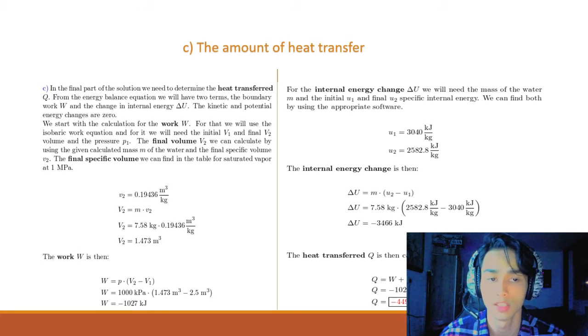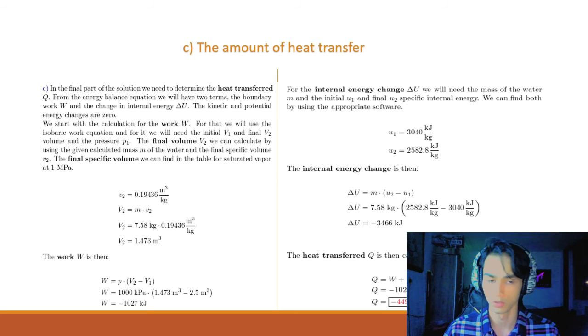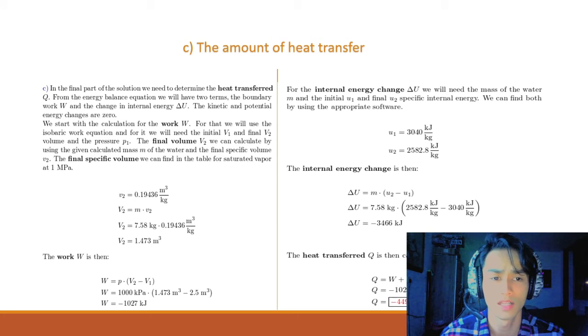For the internal energy change, delta U, we will need the mass of water and the initial and final specific internal energy. We can find both by using the appropriate software, which is the value of initial specific internal energy is 3040 kilojoule per kilogram, and the final specific internal energy is 2582.8 kilojoule per kilogram.